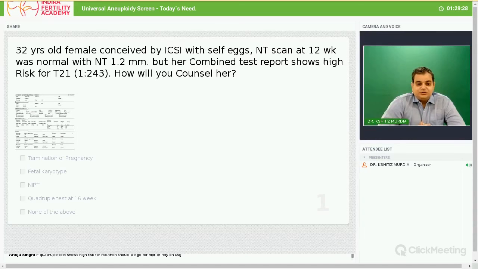In this case, a 32-year-old female has conceived with an IVF cycle with her own eggs, and the NT is normal at 1.2 mm, but her combined risk report shows high risk for trisomy, 1 in 243. Here is the actual report.